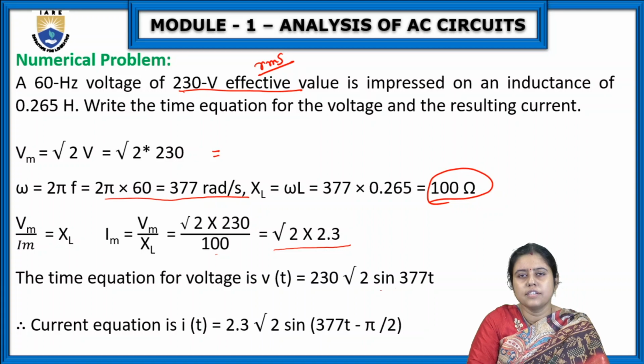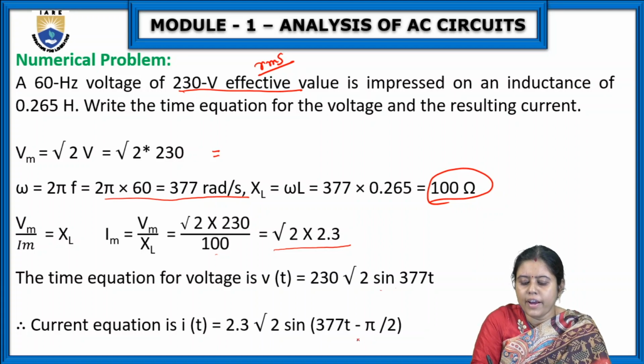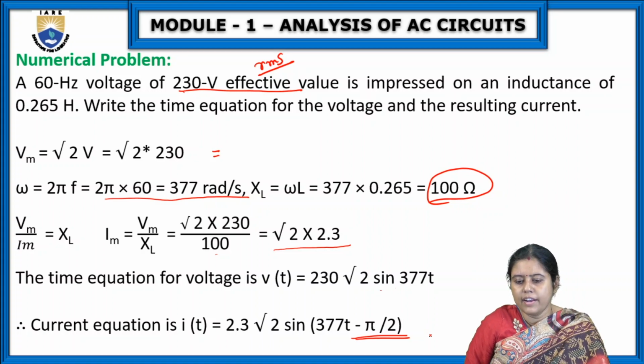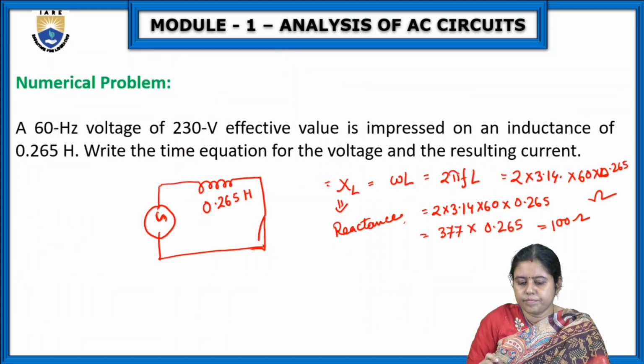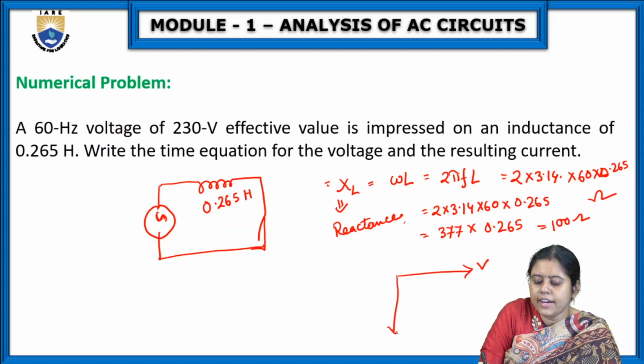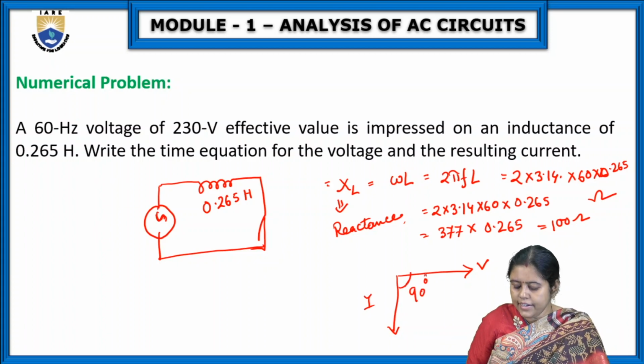Why is this minus pi by 2? Because, as we discussed earlier, the current always lags the voltage by an angle of 90 degree.